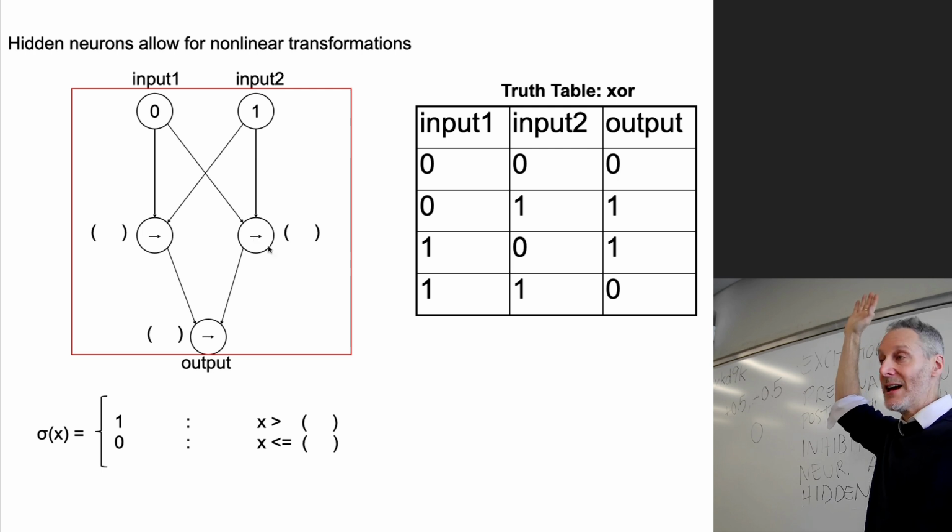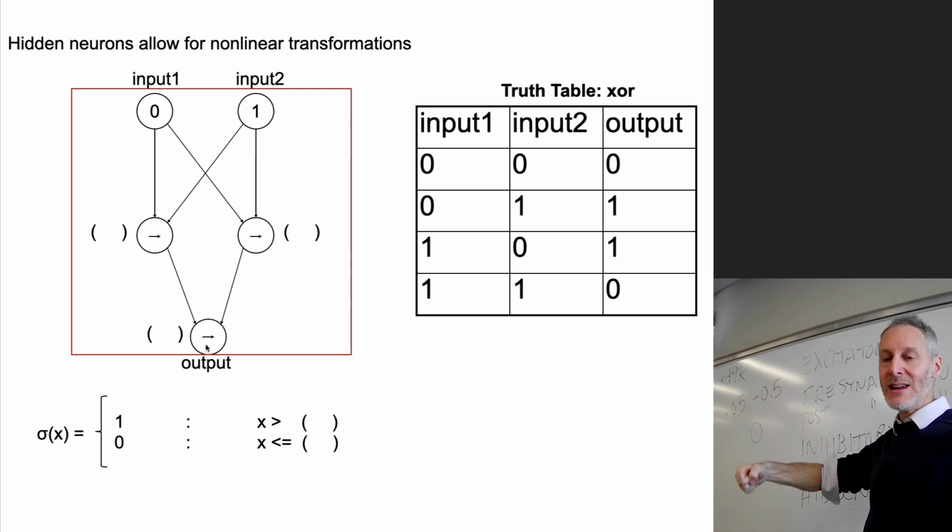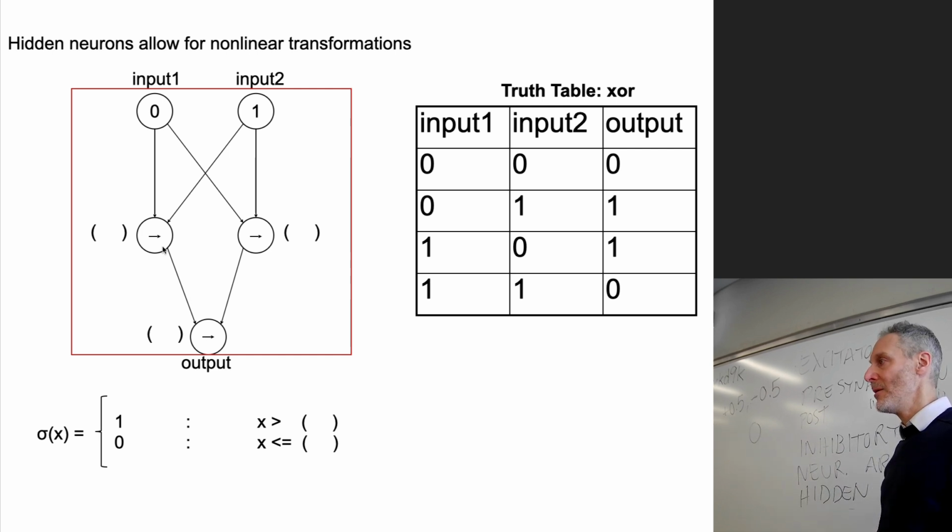It's the only time it lights up because it's AND. And when it lights up, it's going to inhibit the output neuron. It's going to say, You're not allowed to send the 1 that you're getting from OR. I'm inhibiting you, and it's going to push the output value down to 0. Everybody get the general strategy here?